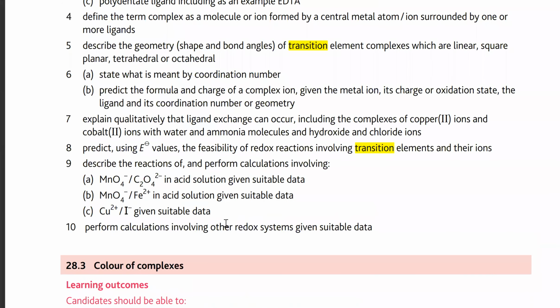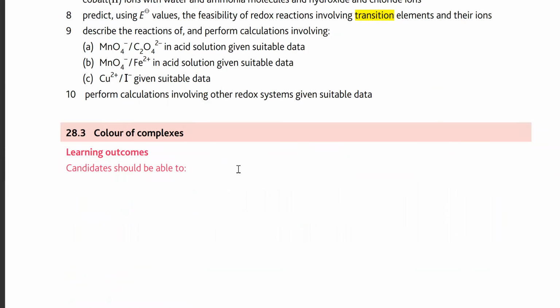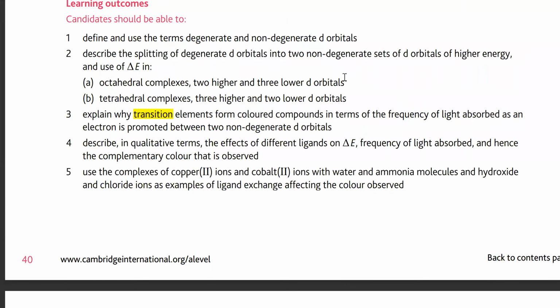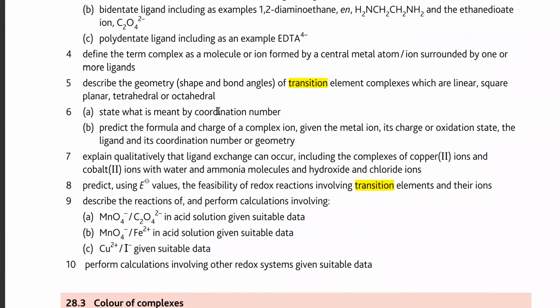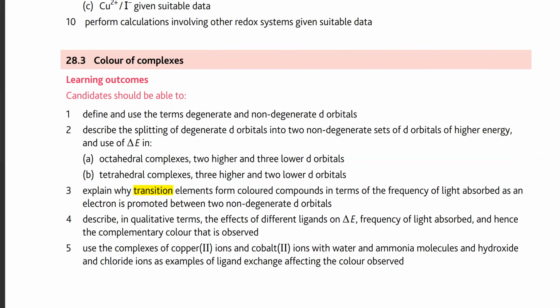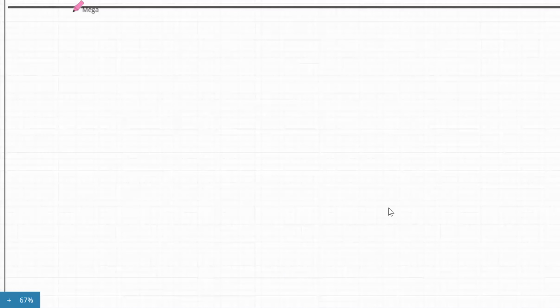E0 values we're not going to discuss right now. We already did this. The previous ones, coordination number, we did that. Our linear square planar, did all of this. Forget E0 for now; redox, we leave that for electrochemistry. Now, colors. Let's start talking about colors.